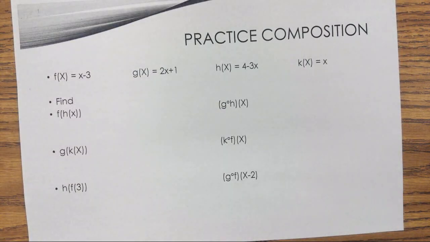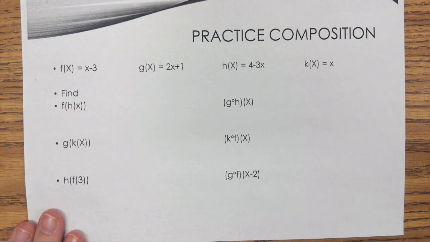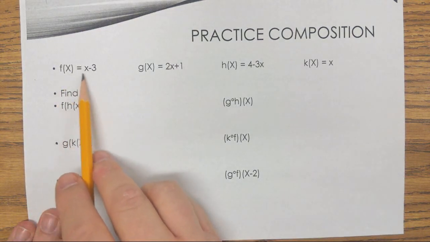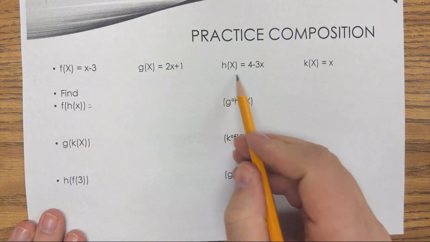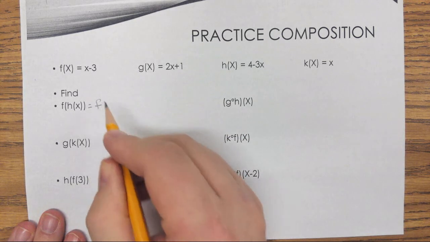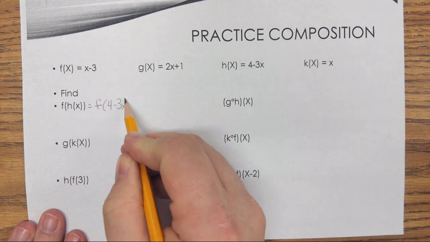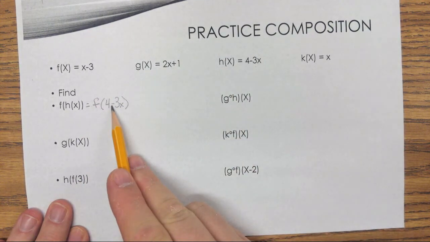Let's do a few more. I'll do 2 more, and I'll leave these last couple for you to think about yourself. Okay? So let's do f of h of x. So here's f of x. This is x minus 3. And then h of x is over here, 4 minus 3x. So what I'm doing, I'm going to do f of 4 minus 3x. Okay? So I'm just plugging the h of x in there for that.